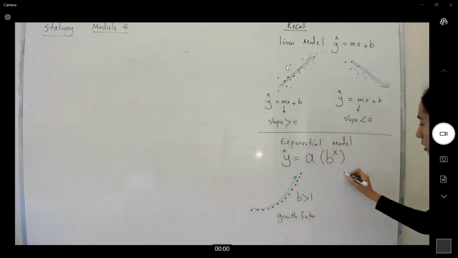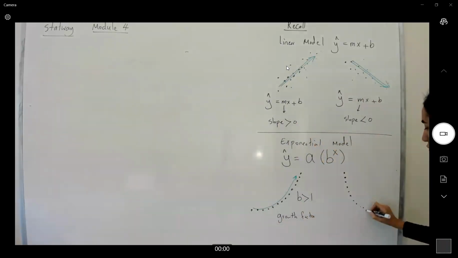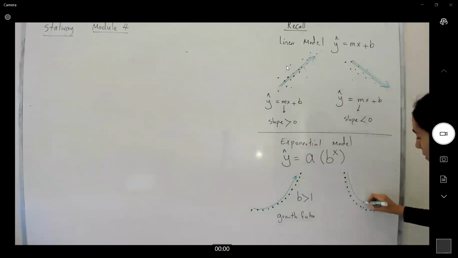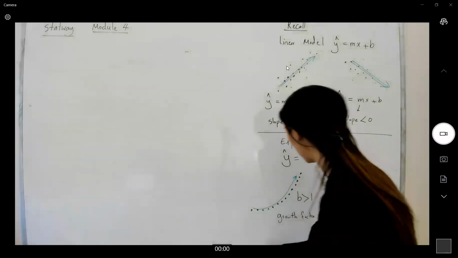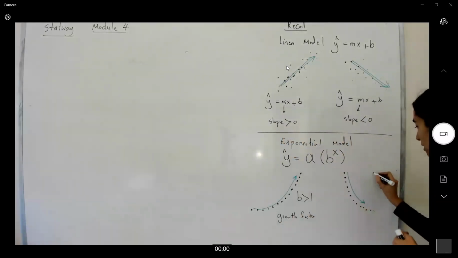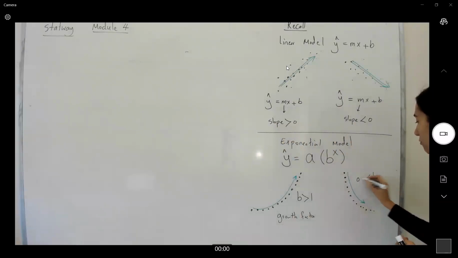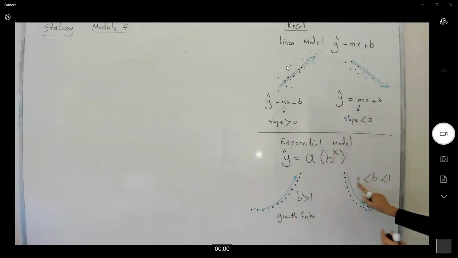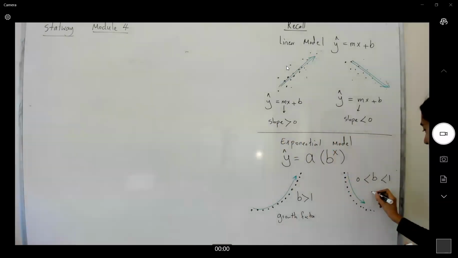Or we also saw the level of radiation example, which showed that the amount of radiation was decreasing, following a decreasing pattern like this. And in that case, we saw that b is a decay factor. B was a decimal number, a very small number between 0 and 1, and we have a decay factor.